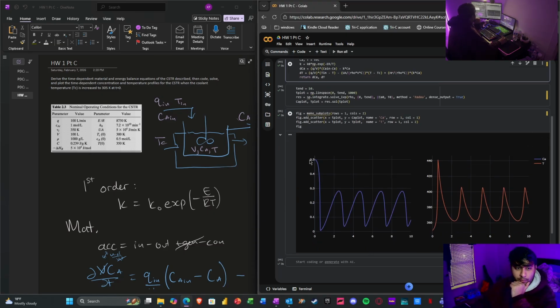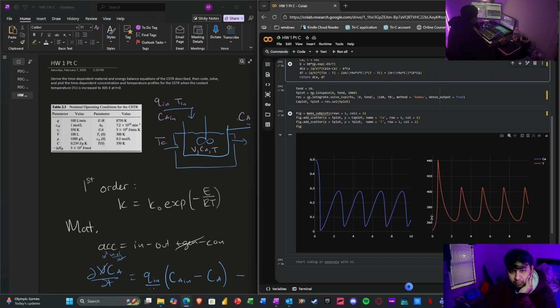So a little bit about what's going on here. You're starting at steady state, and as you take away cooling water and the heat increases, your reaction rate increases and you're using up your reactant, and then you'll rapidly start to have a slower reaction.